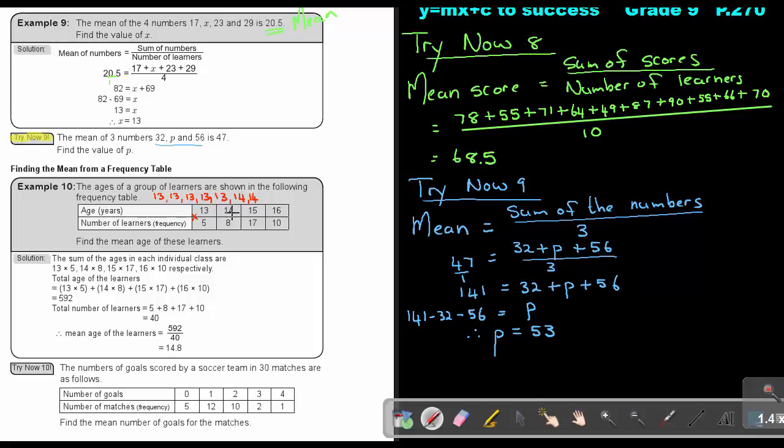I must say 14 times 8, 15 times 17, and 16 times 10. And then I must add it up. To find the total number of learners, I'm just going to add the frequencies. So it's 5 plus this, plus this, plus this, and this will be equal to 40.